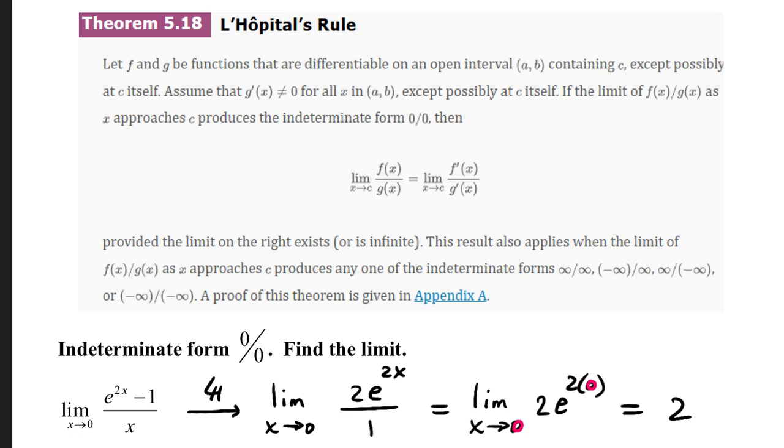If the limit of f of x over g of x as x approaches c produces an indeterminate form 0 over 0, then the limit as x approaches c of f over g will be equal to the limit as x approaches c of f prime of x over g prime of x, provided the limit on the right exists or is infinite.